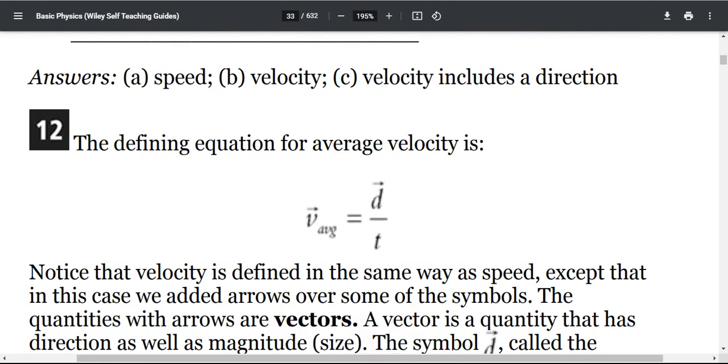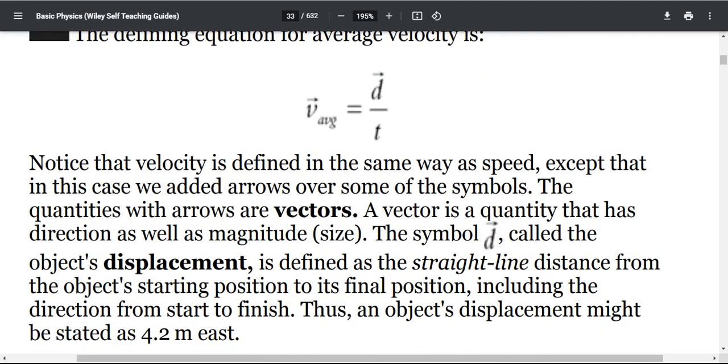Average velocity means speed plus direction. The equation for average velocity is vavg equal to d upon t, but on the v and the d you can see an arrow on top. Notice that velocity is defined in the same way as speed, except that in this case we added arrows over some of the symbols.